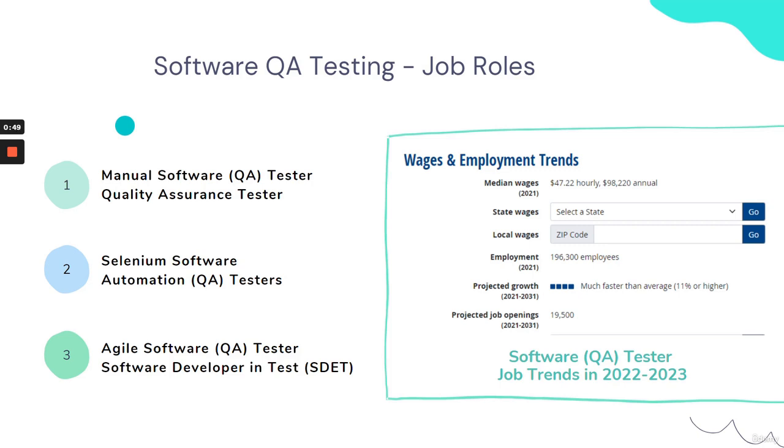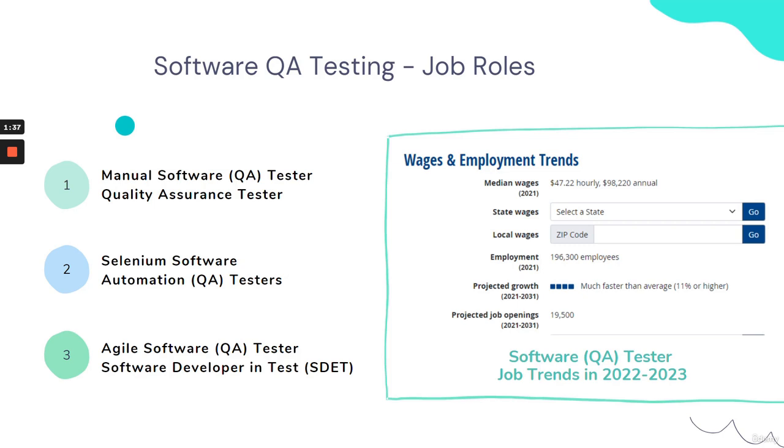These are just some of the titles of the job opportunities and positions related to software QA testing in the market today. In the current market and trend for wages and employment in software testing, the median wage is around $40 to $50 an hour USD. Also, the median wage varies between 75 to almost 150K annually. Now, this does depend on the state you live in or country, as well as your experience.